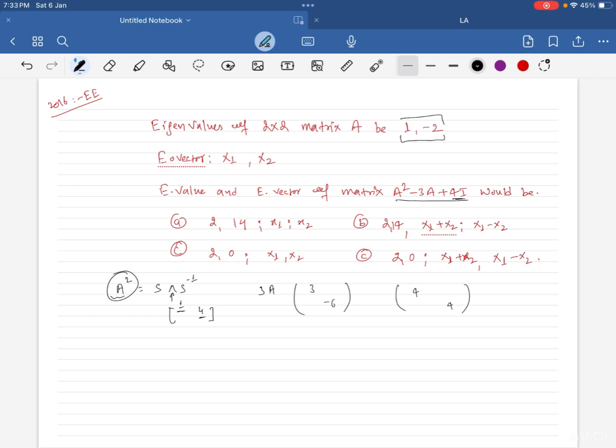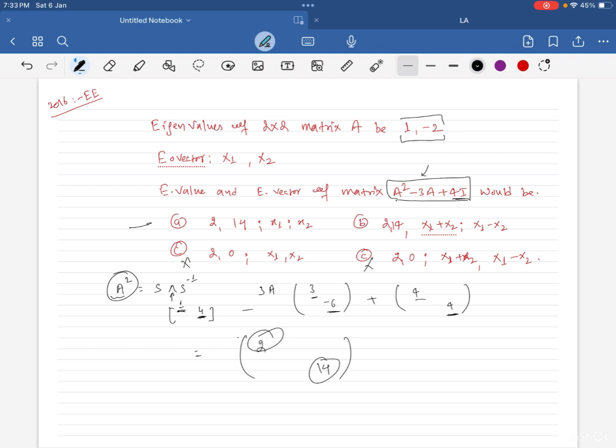We have to subtract this and add this up. So ultimately we will have a matrix with eigenvalues 3 minus 4 plus 5, that is 2, and minus 6 minus 4 plus... 4 plus 6 is 10, plus 4 is 14. So this has the eigenvalues 2 and 14. So this option can't be answered.